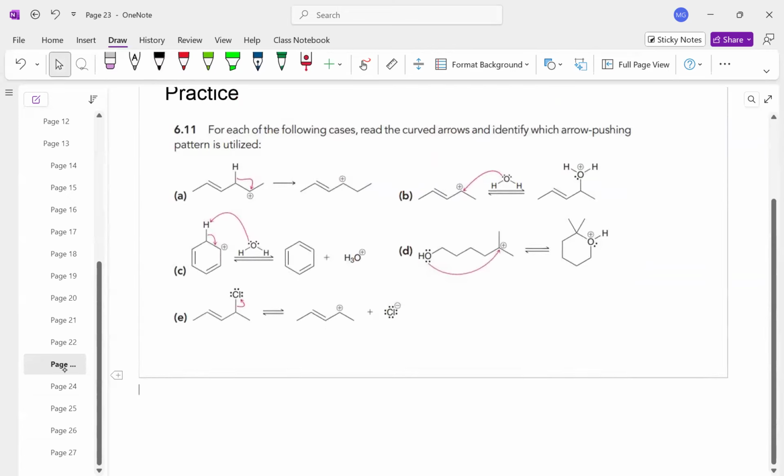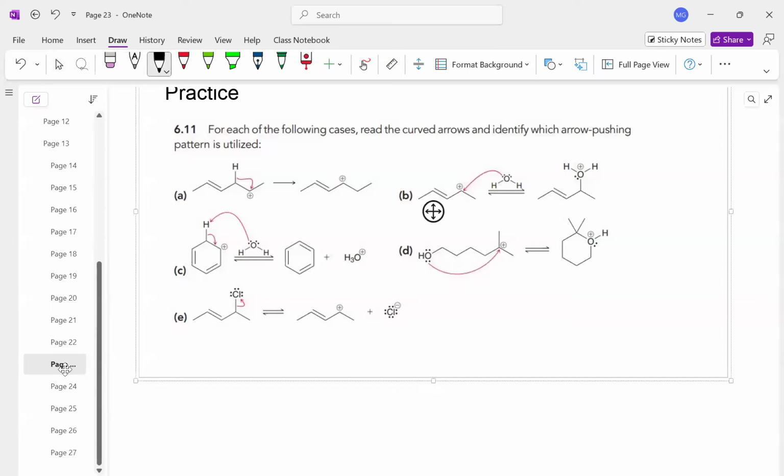All right, so let's do a little bit of practice here. And this is going to summarize all of our common mechanistic patterns. So look at letter A, and what of our four patterns is A describing? Okay, well, first of all, I'm starting with a carbocation.